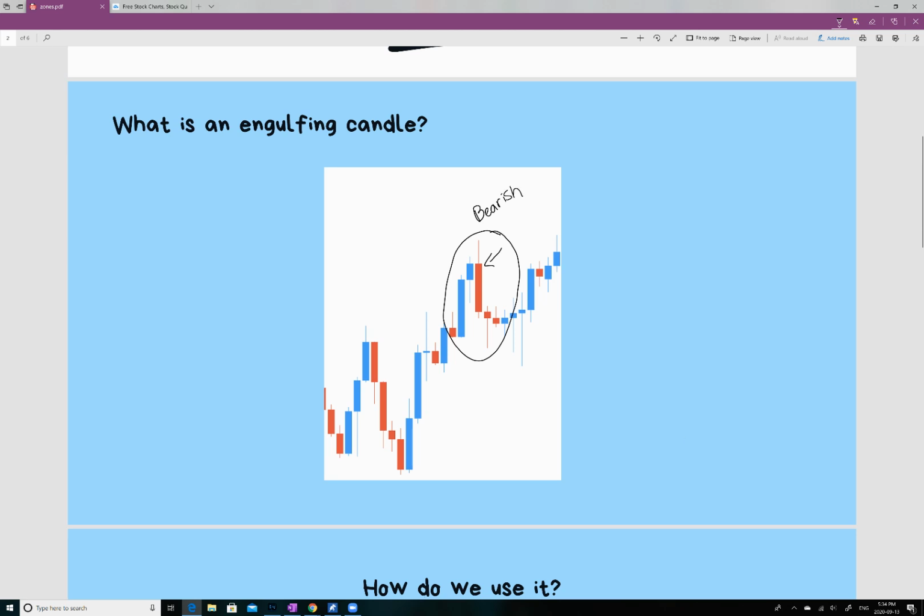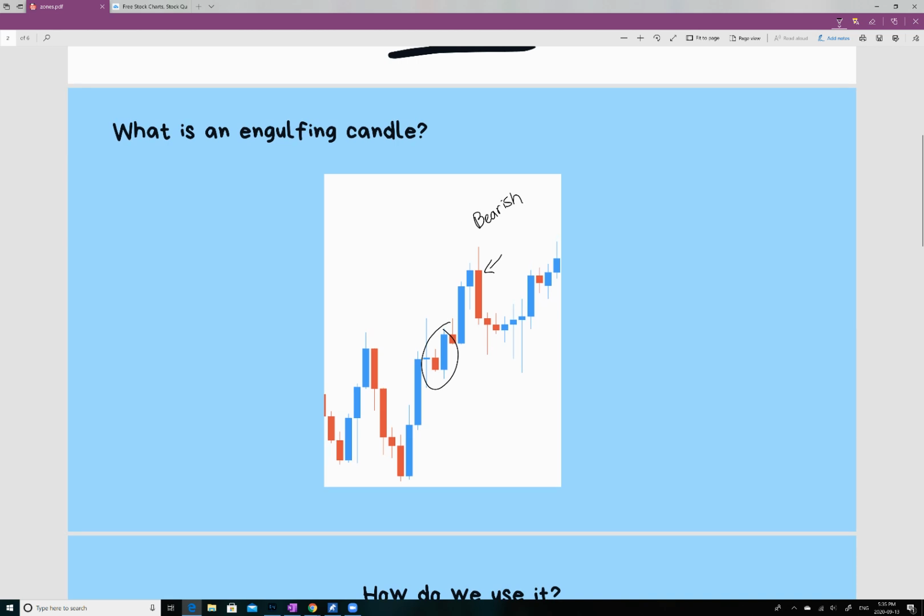All right, and if we look, I believe I had two examples in this one. If we actually look just left here, we can see an example of a bullish engulfing candle. And it simply means that in this case, there's a bullish candle swallowing up the little guy next to it, okay?